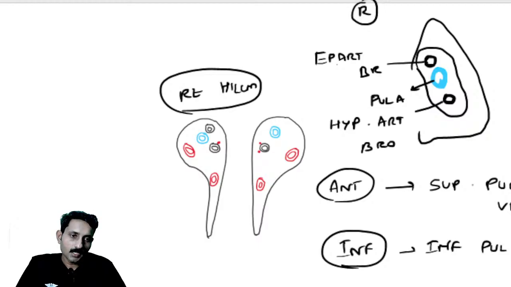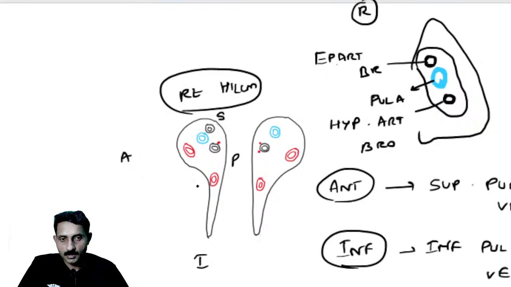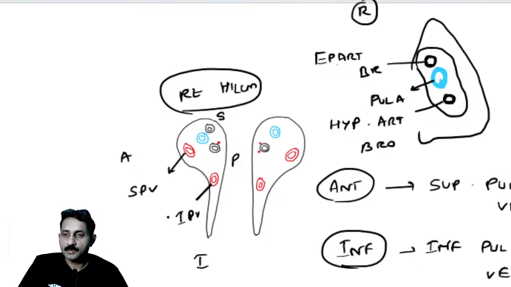Most commonly seen. Now, here this is anterior, this is inferior, this is superior, this is posterior. This is the right hilum. So which is the anteriormost structure? This is called superior pulmonary vein. Inferiormost structure will be what? Inferior pulmonary vein. We got all the structures.